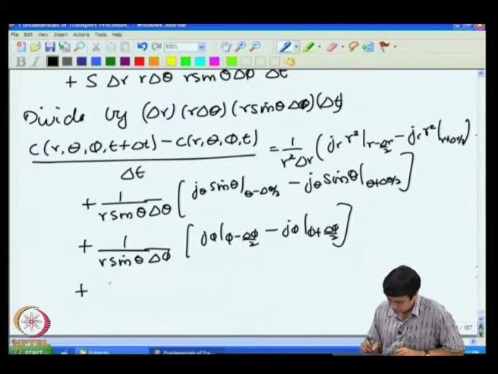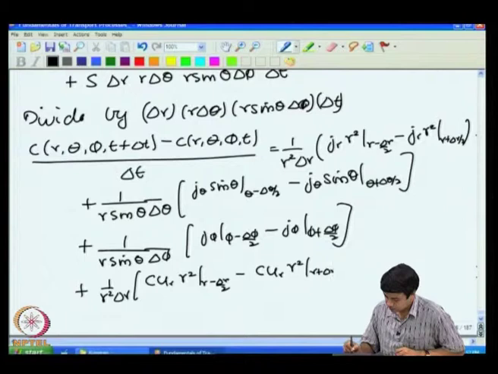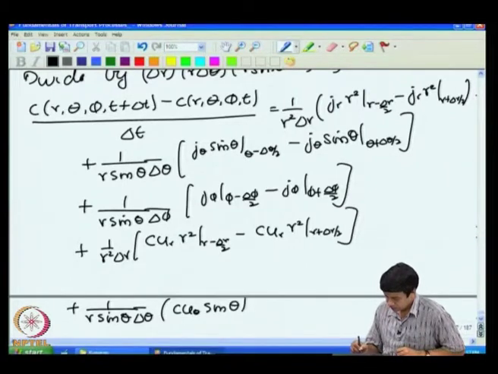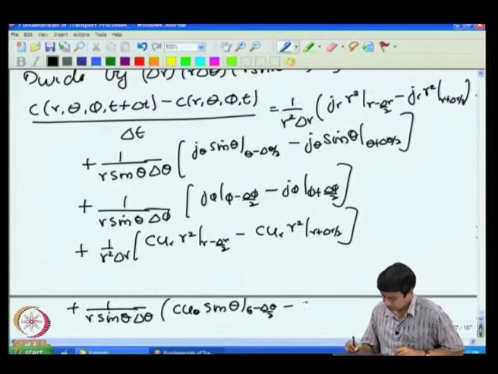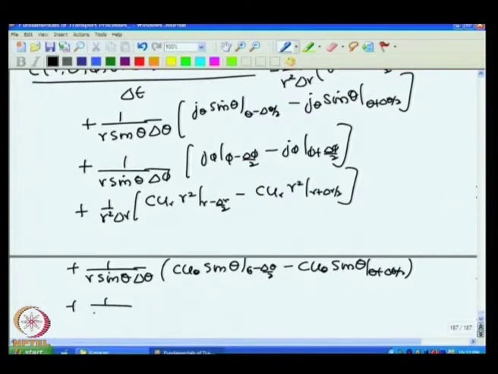So, I will get plus 1 by r square delta r times C U_r times r square at r minus delta r by 2 minus C U_r times r square at r plus delta r by 2, plus 1 by r sin theta delta theta into C U_theta times sin theta at theta minus delta theta by 2 minus C U_theta sin theta at theta plus delta theta by 2, plus 1 by r sin theta delta phi of C U_phi at phi minus delta phi by 2 minus C U_phi at phi plus delta phi by 2.